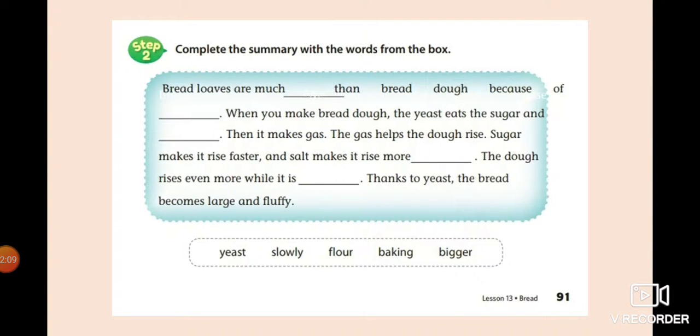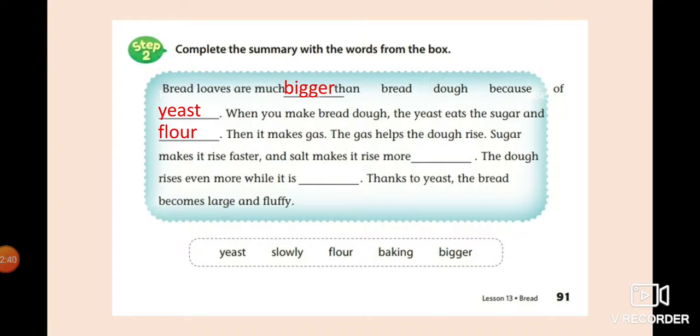Excellent. Step number 2. We complete the summary with the words from the box. Okay, we have yeast, slowly, flour, baking, and bigger. Yes. Okay, bread loaves are much bigger than bread dough because of yeast. When you make bread dough, the yeast eats the sugar and flour.